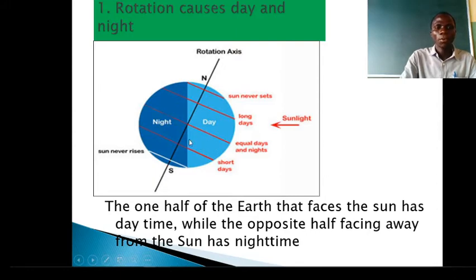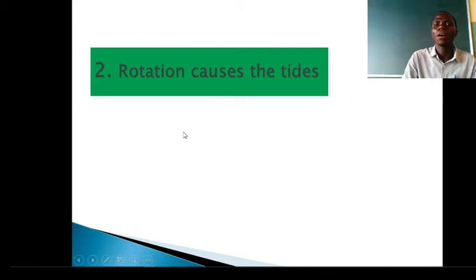As you see on this diagram, here we have sun rays, and the part exposed to sun rays experiences daytime. This part here is in daytime, while the part of the Earth located on the opposite side of the sun's rays will experience night time. This is how the Earth's rotation causes day and night on the Earth's surface.